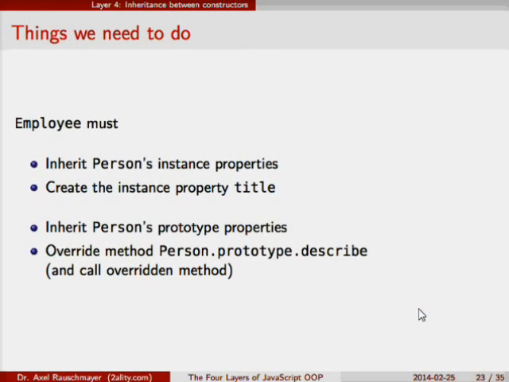And the prototype part is that employee needs to inherit all of person's prototype properties, and it needs to override the method describe of person. Additionally, it needs to call the method that it has overridden, the so-called supercall.